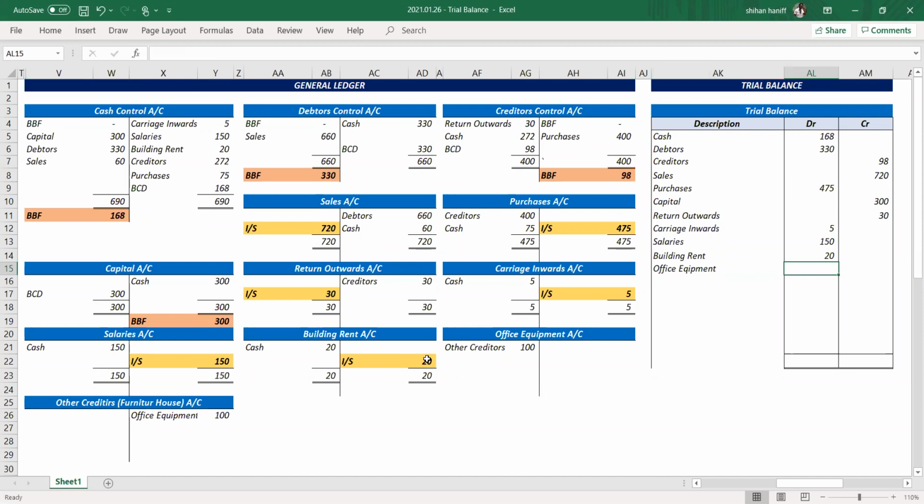Office equipment 100. Other creditors, furniture house 100.